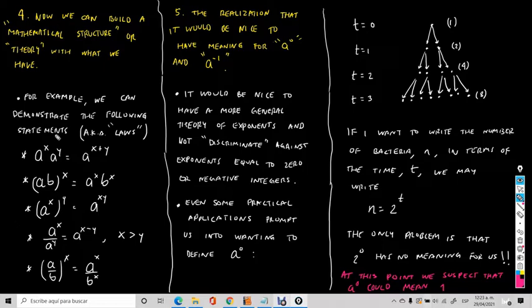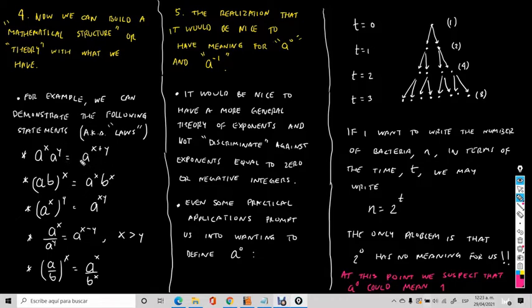Because a statement is something that you are affirming, right? In this case, in the first one, my statement is that I affirm that a to the x times a to the y is equal to a to the x plus y. That's a statement. And we need to demonstrate it like we did before. I'm not going to do the demonstration, but you must remember that one.